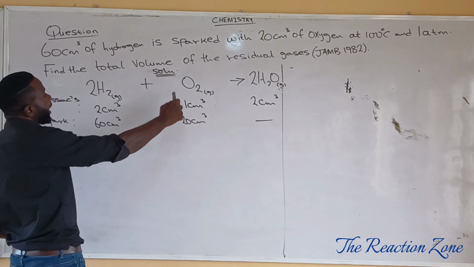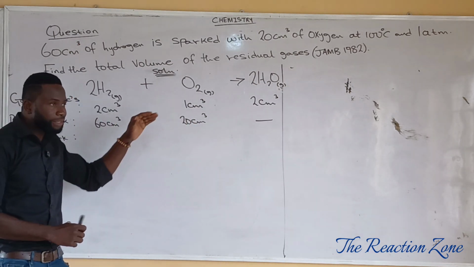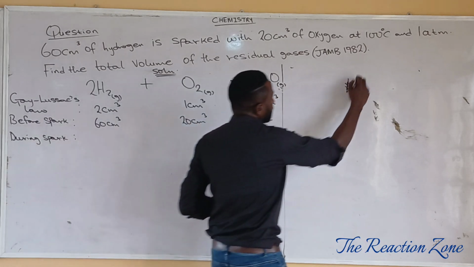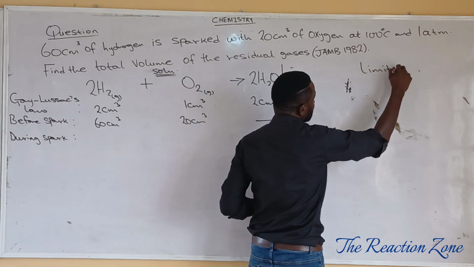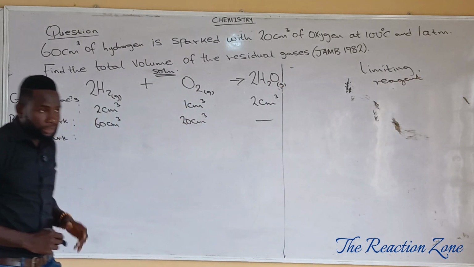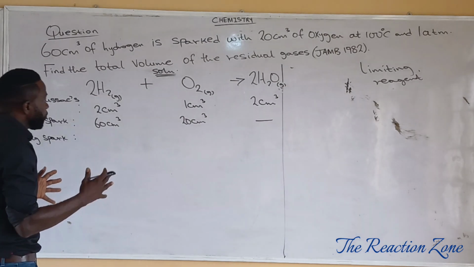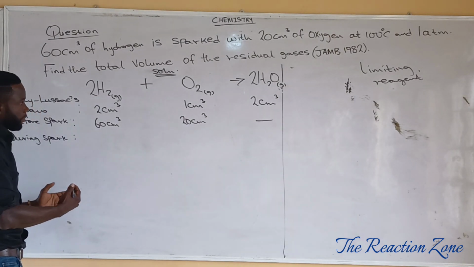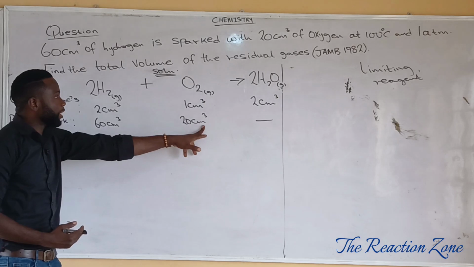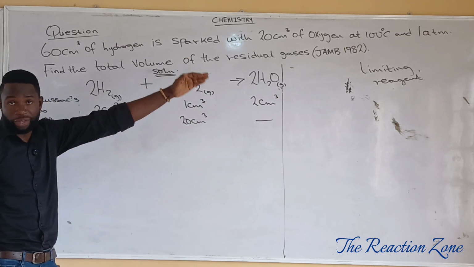The fact that oxygen has 1 here clearly tells us that oxygen is the limiting reagent. The limiting reagent is the reagent that is used up in a chemical reaction. So during the spark, this 20 cm³ of oxygen will be used up, since oxygen is the limiting reagent.